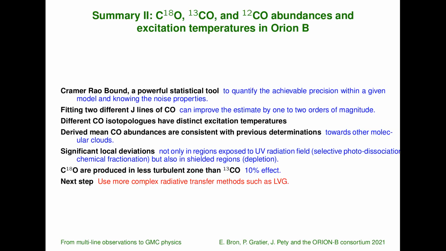It's a 10% effect, and we can show with the CRB that it's a significant effect. So the next steps will be to try to use more complex radiative transfer methods like LVG, for which we hope to be able to constrain the density and the kinetic temperature.